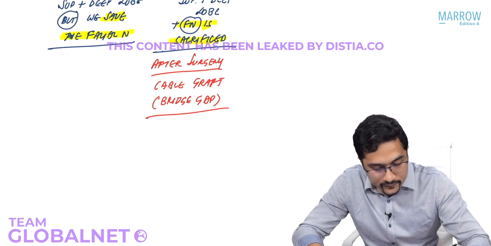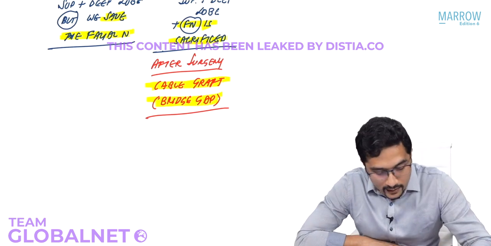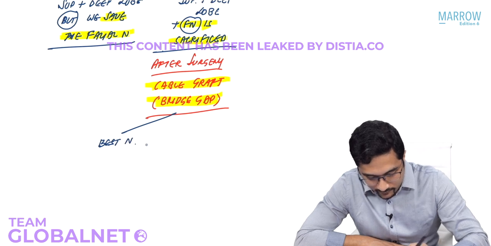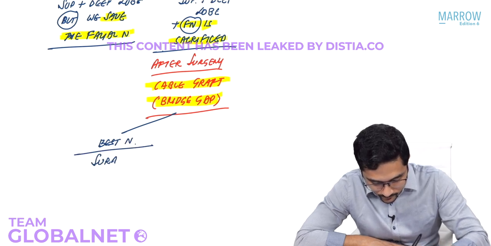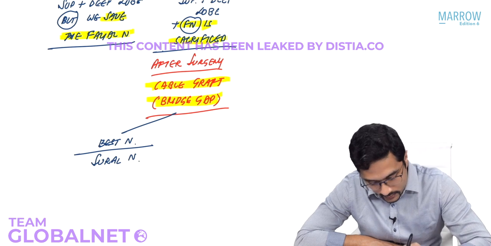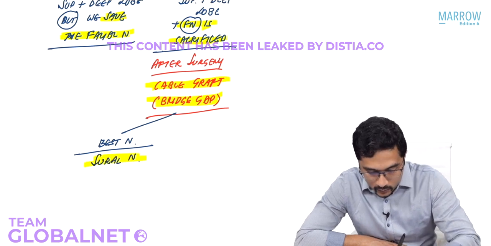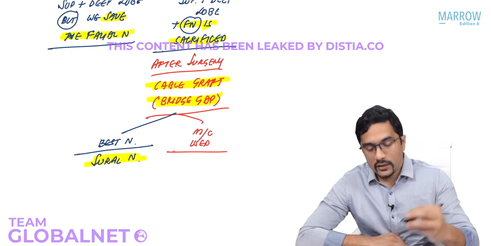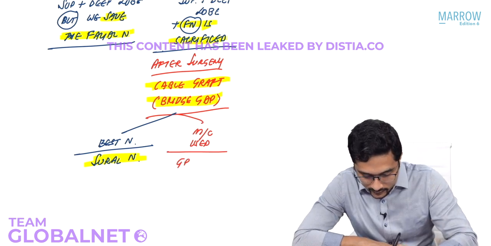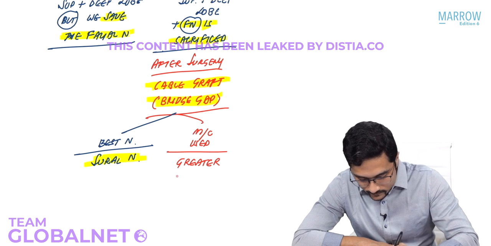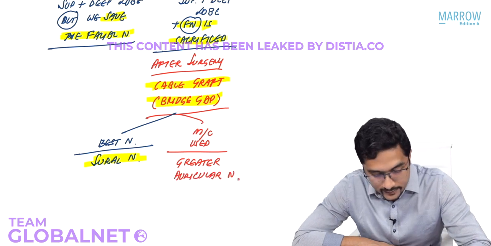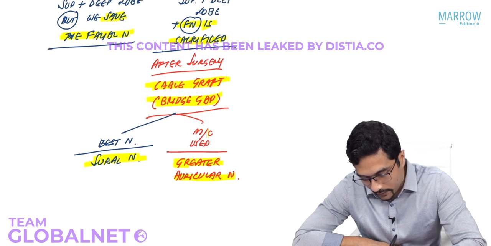For this cable graft, you need to remember that the best nerve available is the sural nerve, but the most commonly used, which has been written in Bailey, is the greater auricular nerve. That is the most commonly used.